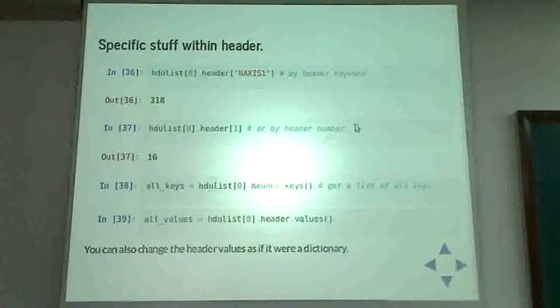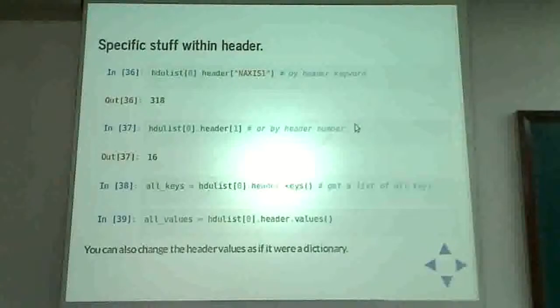These headers are more or less dictionary objects. So if you want to access a particular keyword of a header, you would simply say dot header, and in brackets within quotes you will give the name of the key that you want to query. So this gives you the value of NAXIS1.